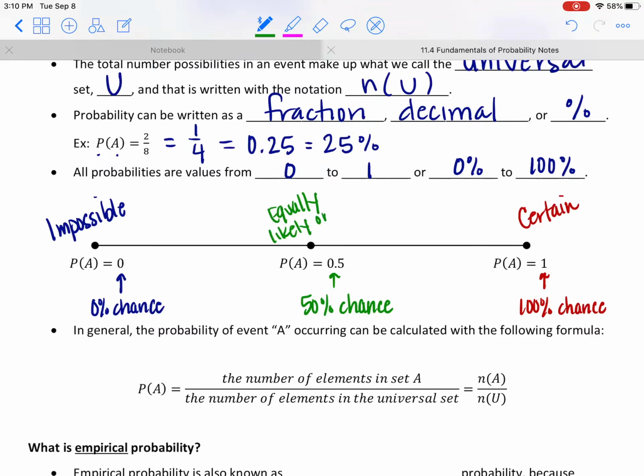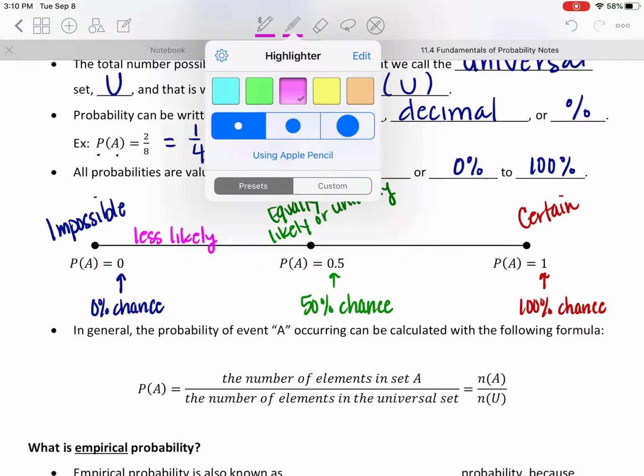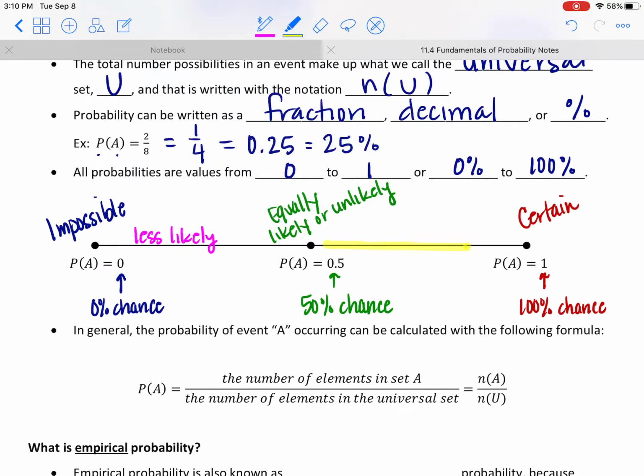And then if we're anywhere in between 0 and 0.5, then we're going to say these events are less likely to occur. And if we're in this region here, anywhere from 0.5 to 1, we're going to say that events are more likely to occur.